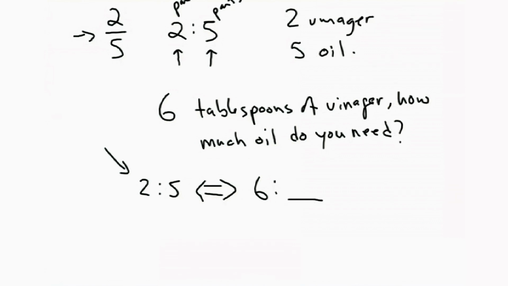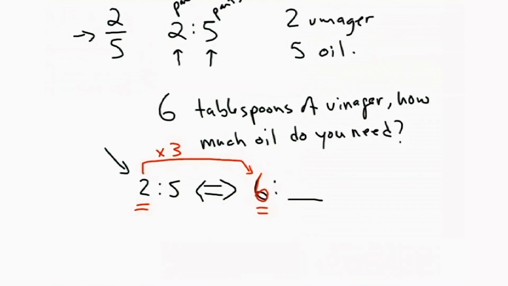And you should be able to see here that if we always write the vinegar first and the oil second, then how do we get 2 to become 6? It should be clear that you're going to multiply by 3. If you multiply 2 by 3, then you get 6. The whole idea with ratio and proportion is they've got to be the same.